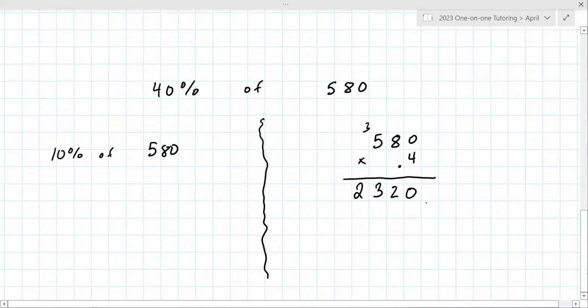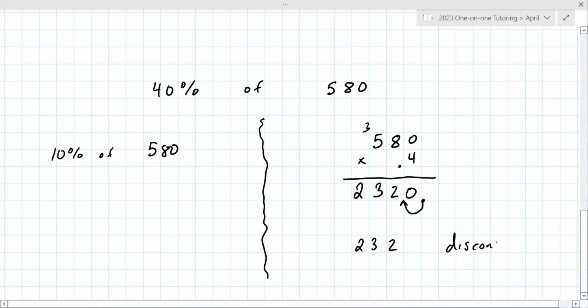That's what I got. And then you move the decimal over once because there's one decimal place here. Maybe that was what was unclear. The number of decimal places is how many places you move over the decimal. So the answer is 232. Is that okay? Yeah.